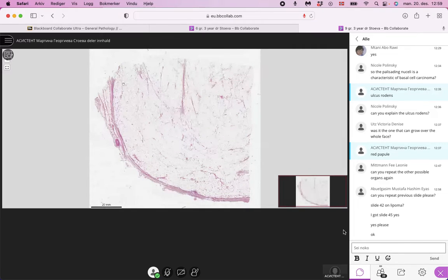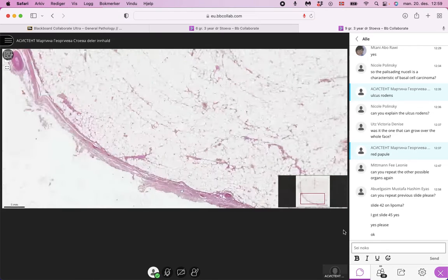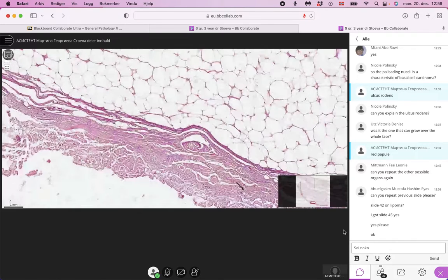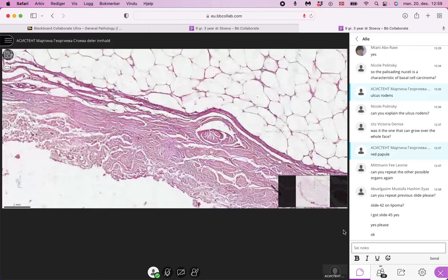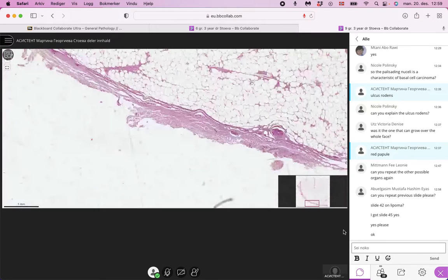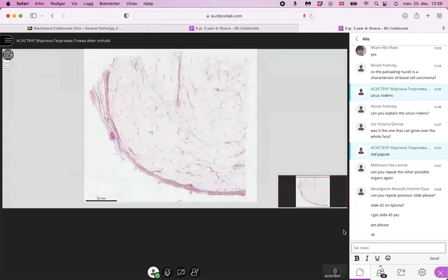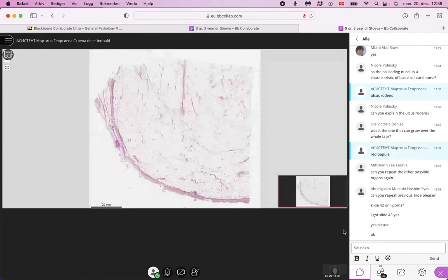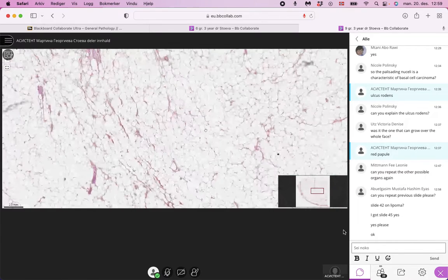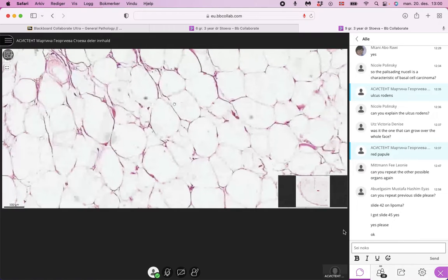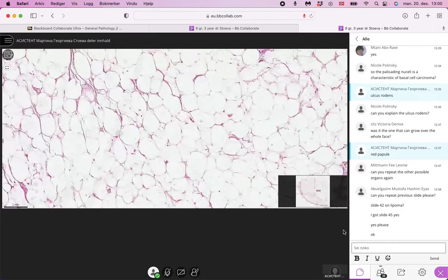This is the slide for lipoma. There is a capsule that is peripherally located. It is composed of connective or fibrous tissue. And the tumor itself is composed of lobules of completely mature adipocytes, which show no features of cellular atypia. All of these are mature adipocytes.